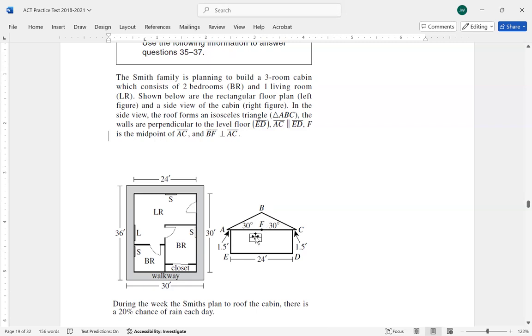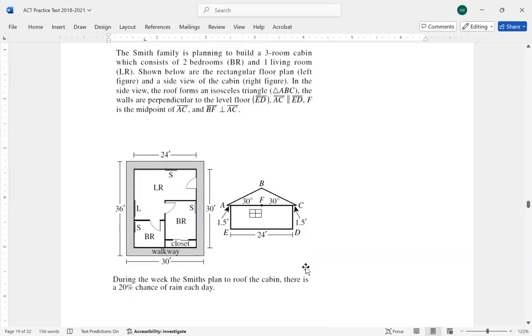The walls are perpendicular to the level floor. AC, that's this roof line, and ED are parallel. And then F is the midpoint of A to C. And BF and AC are perpendicular. So BF perpendicular with AC.